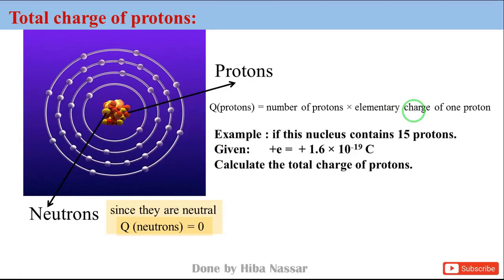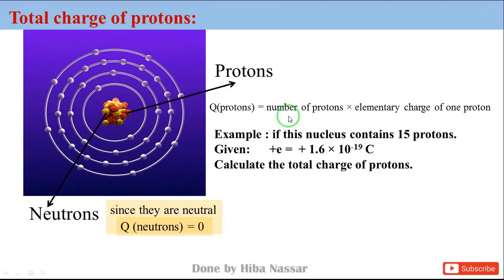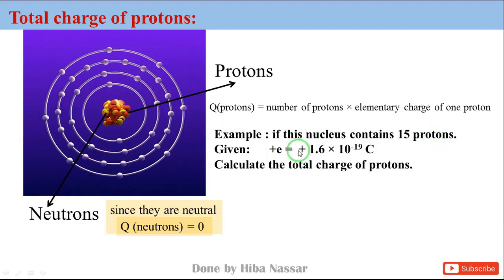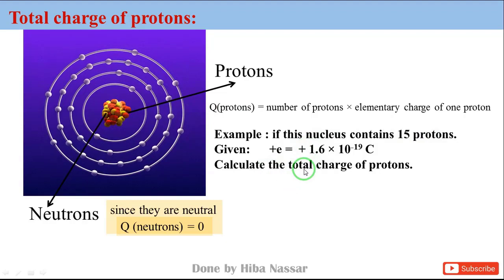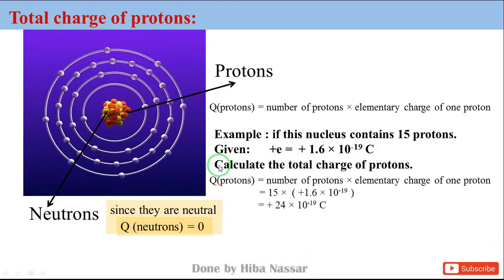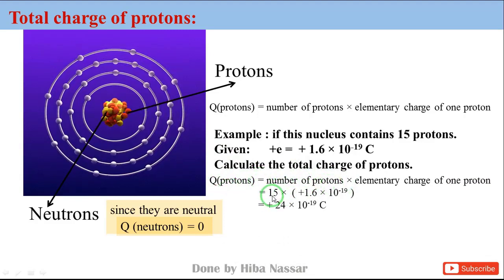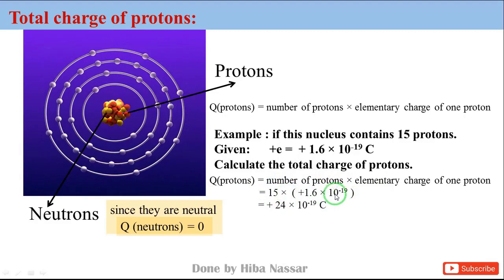For example, if this nucleus contains 15 protons and you have the elementary charge of one proton, calculate the total charge of protons. So you have to write that the total charge of protons is equal to the number of protons, which is 15, times the elementary charge value, which is given.